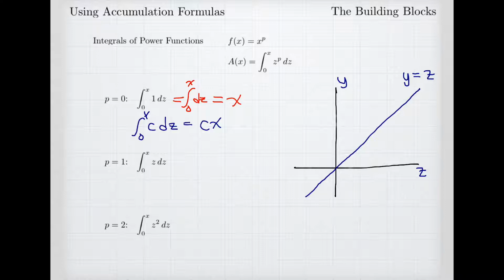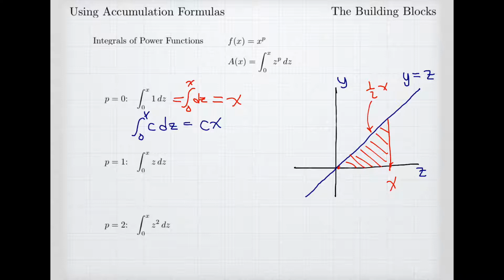And so I graph that function, and again we start our integral from z equals 0 up to some value that we're labeling x, and the definite integral is the area of now a triangle. So when the power is 1, my area is a triangle, and so this area is 1/2 the base, which is x, times the height.